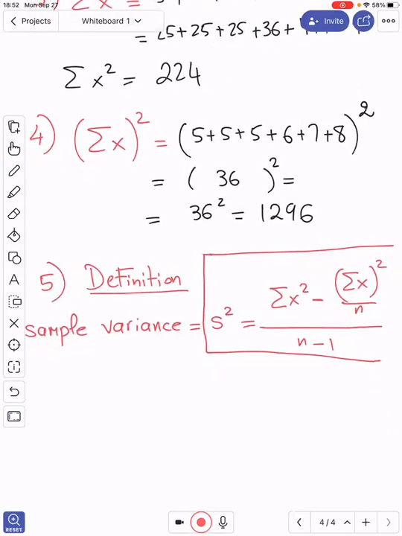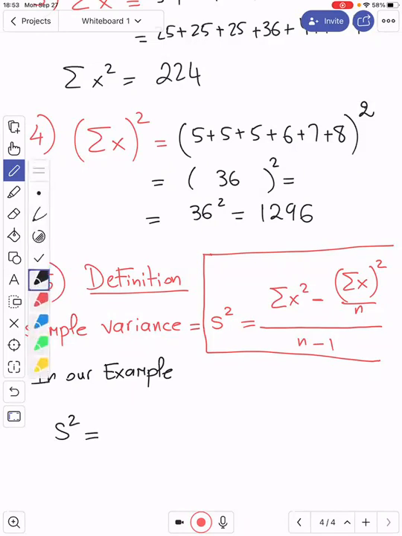Like in our example, this is a sample variance. So S squared would be equal to, first, we have the sum of x squares.